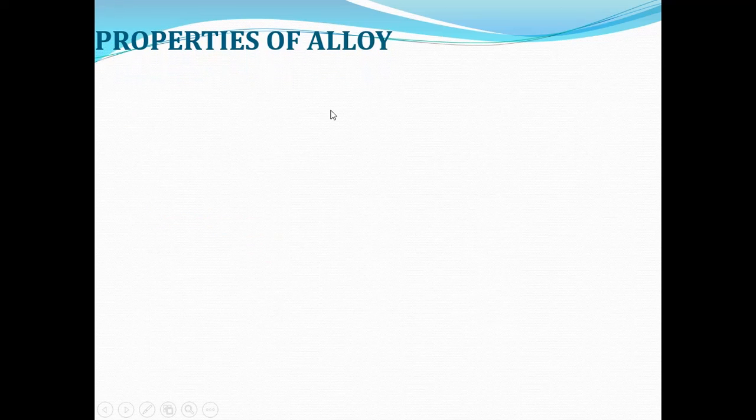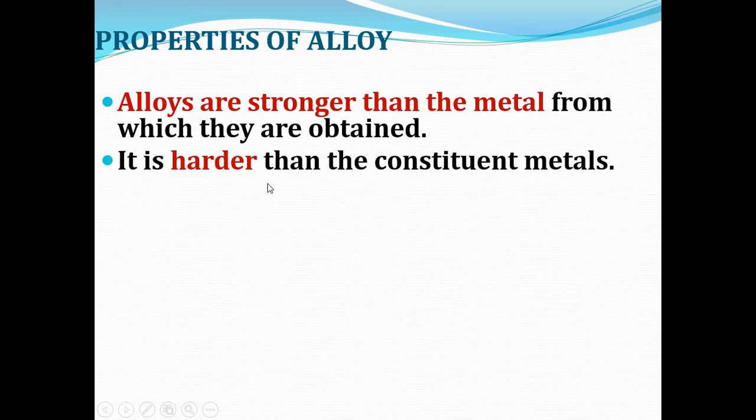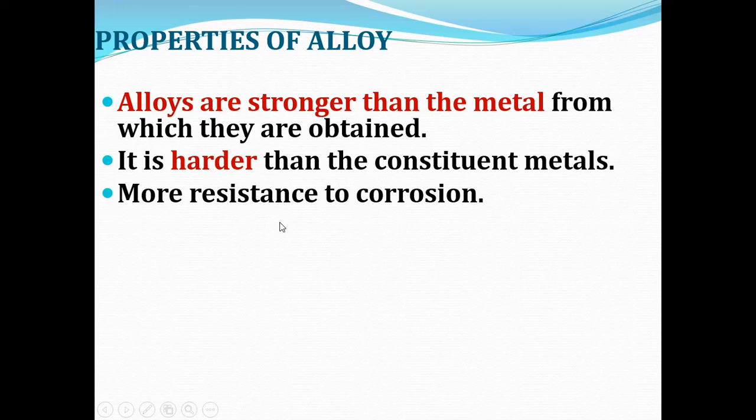Now, properties of alloys. Alloys are stronger than the metal. They are harder than the metal. They have more resistance towards corrosion.